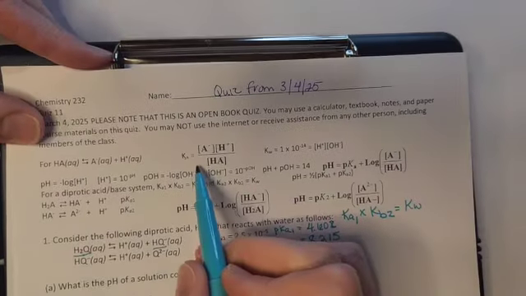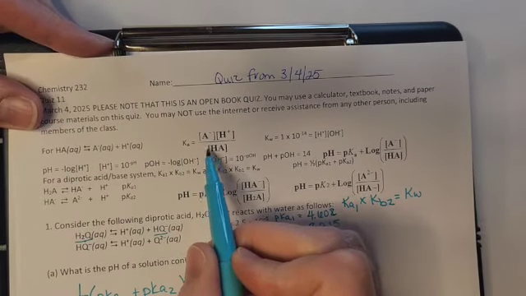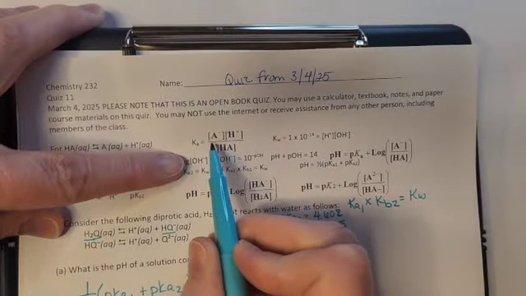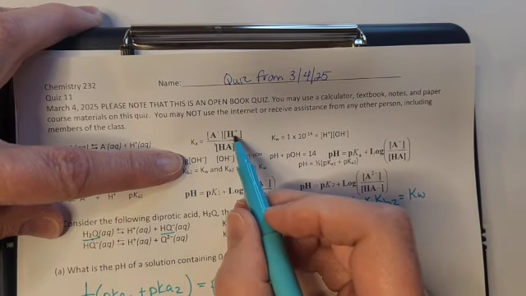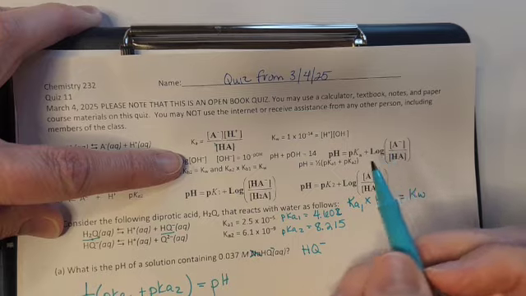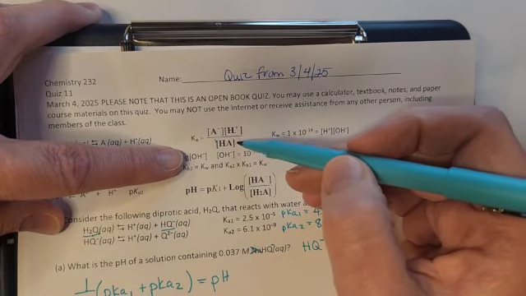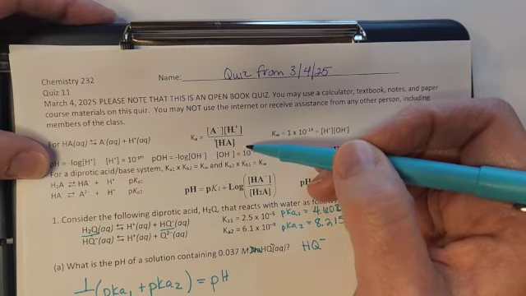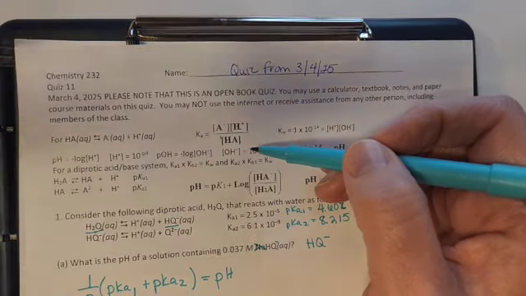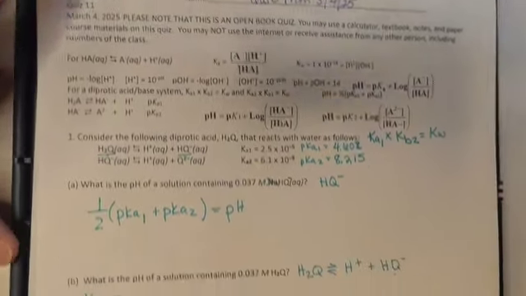And remember with our Ka equation up here, let's see where to go. Right here. Can you guys see that? We are looking for our A minus, which is our conjugate, times our hydronium ion concentration over this little guy right here, over our acid. So that's what we're going to use to find this. Right?